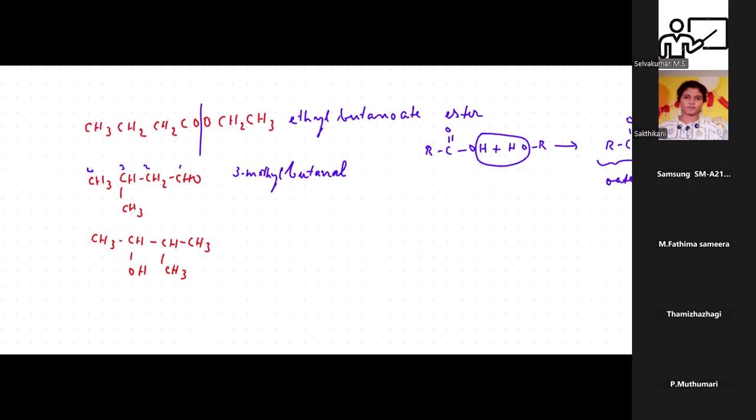So 1, 2, 3, 4. So it is going to be butanol. The name is, in the third carbon methyl group is found. So 3-methyl butan for 4 carbons, ol. Alcohol is found in the second carbon, 2-ol. 3-methyl butan-2-ol.